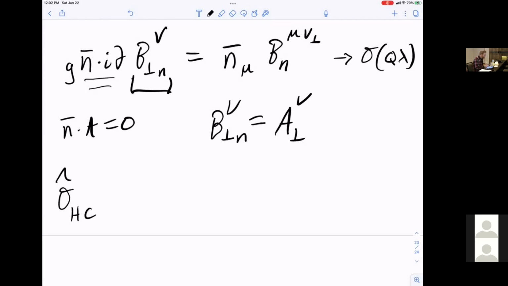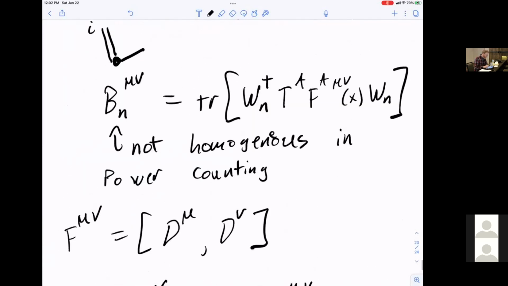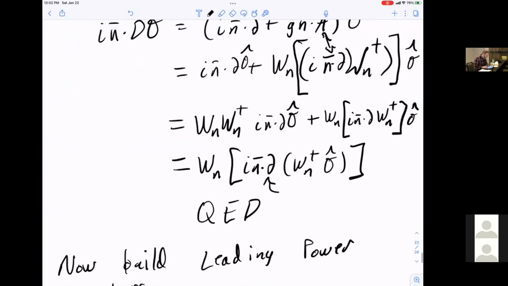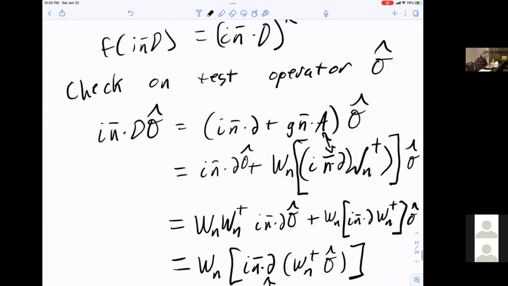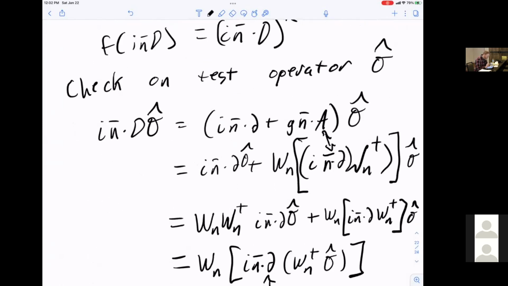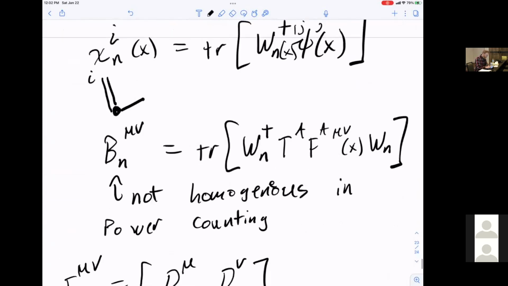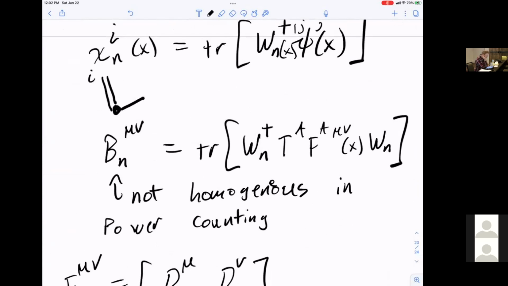So did you say why that's true again? So here, I'll stick with just this, the field strength.